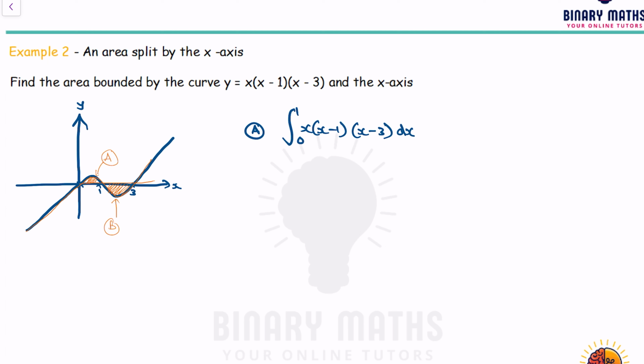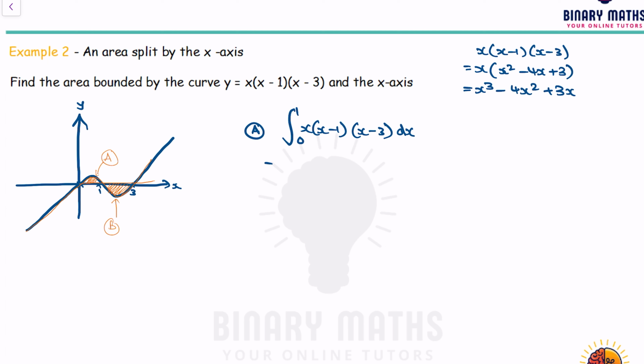What I would do first is expand this bracket. So x times x minus 1 times x minus 3 is the same thing as x times x squared minus 4x plus 3, which is x cubed minus 4x squared plus 3x.